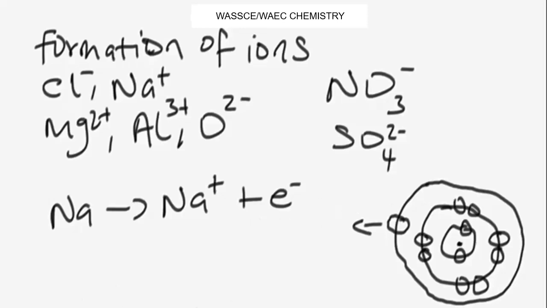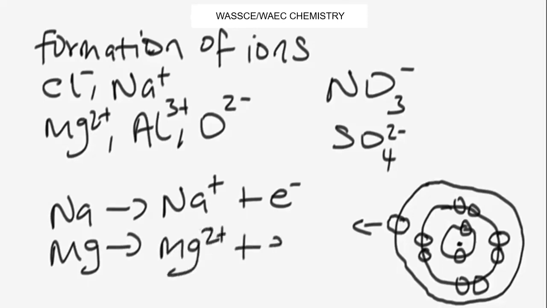Another typical example is our magnesium atom. So magnesium loses 2 electrons to form a magnesium ion with the same electronic structure as neon.